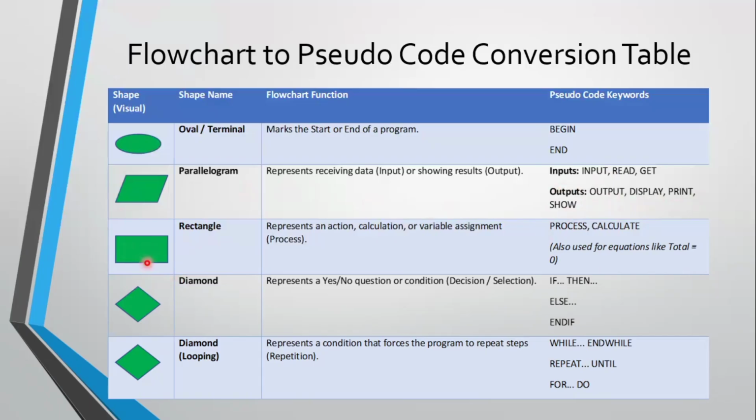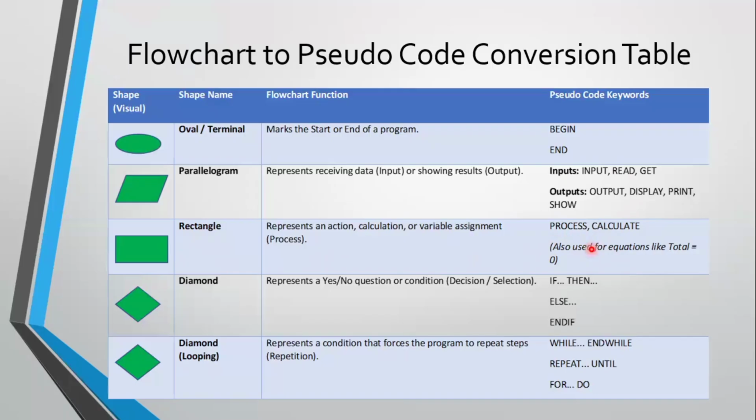And next, the rectangle. The rectangle is where the hard work happens. It is used for calculations or for assigning a value to a variable. In your pseudocode, you will use words like calculate, set, process, right?